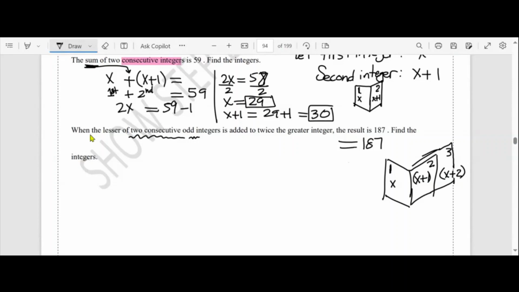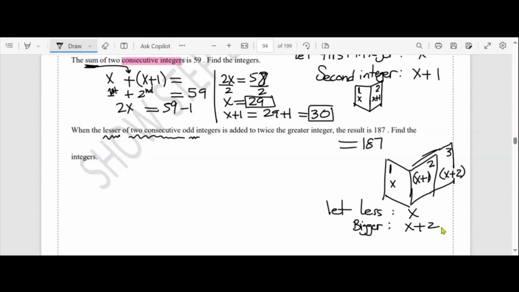So the lesser, what does the lesser mean? The smaller one. Let the lesser number be x. Then the larger number, or the bigger number, is what? X plus 2.